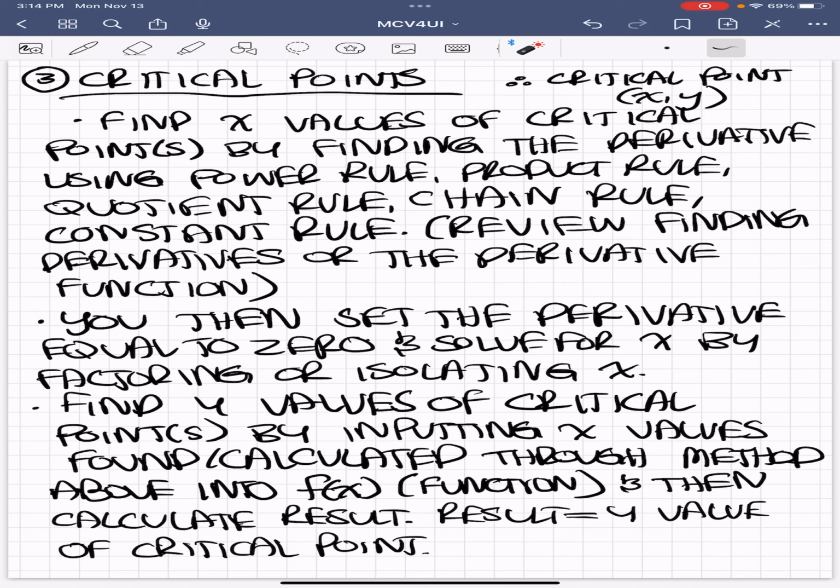To find y values of critical points, you input x values found through the method above into f of x, the function, and then calculate the result. The result is the y value of the critical point.